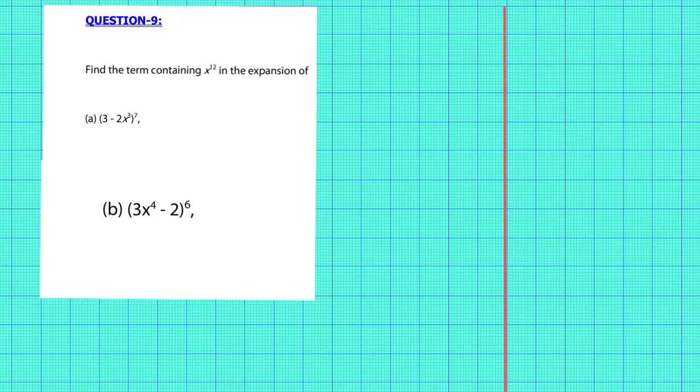Question 9a. Find the term containing x to the power of 12 in the expansion of (3 minus 2x cubed) raised to the power of 7. In this example, n is equal to 7.